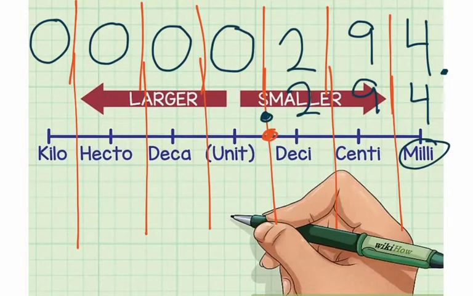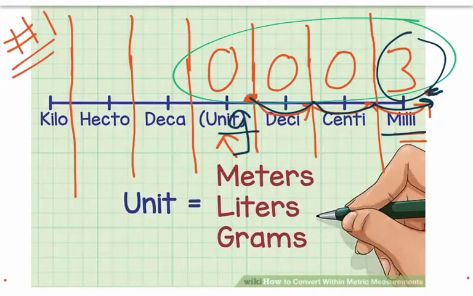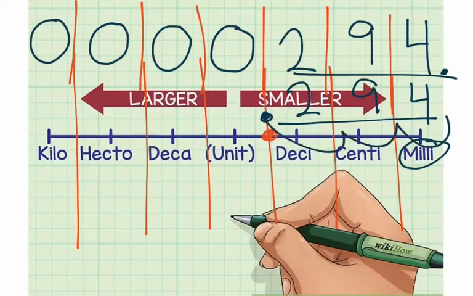This time you're converting from, let me check the problem, it looks like 294 milligrams into what? If you have 294 milligrams, that's the same as 0.294 grams. So if you're moving that decimal place from there to there, you're converting the milligrams into grams.